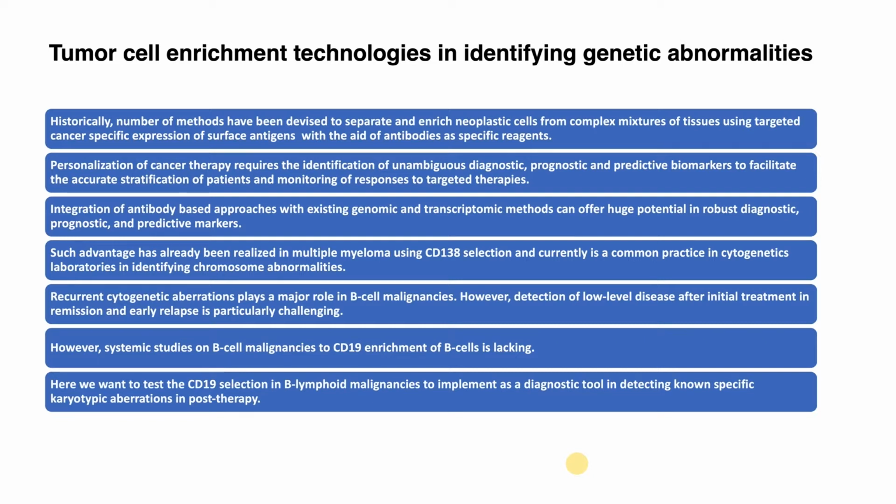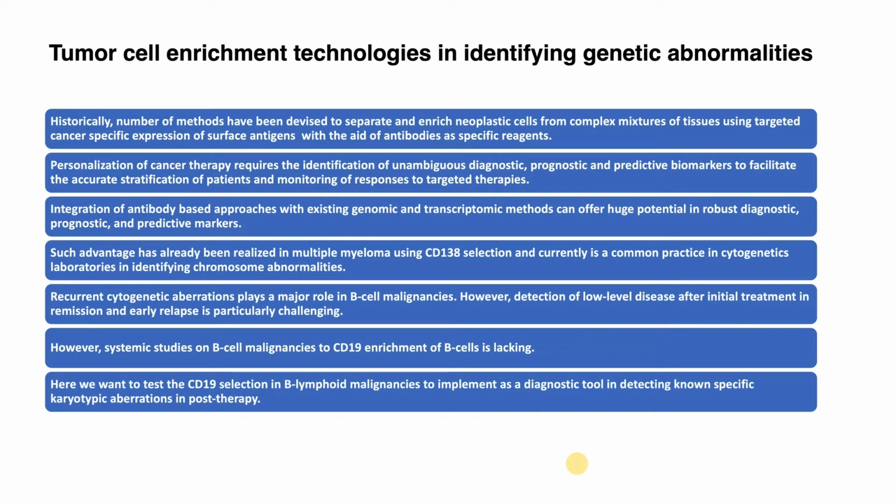Such an advantage has been well established in case of CD138 selection in plasma cell disorders, and this method has become a normal practice in cytogenetics laboratories across the world in identifying recurrent chromosome abnormalities. Although such recurrent abnormalities are also well recognized in B-cell malignancies, tumor cell enrichment for identifying genetic abnormalities in B-cell malignancies is lacking.